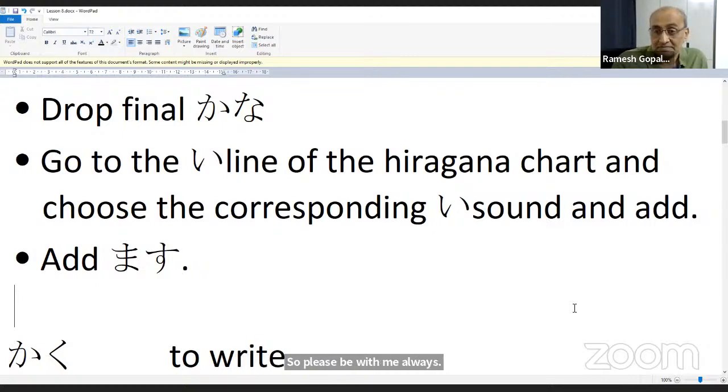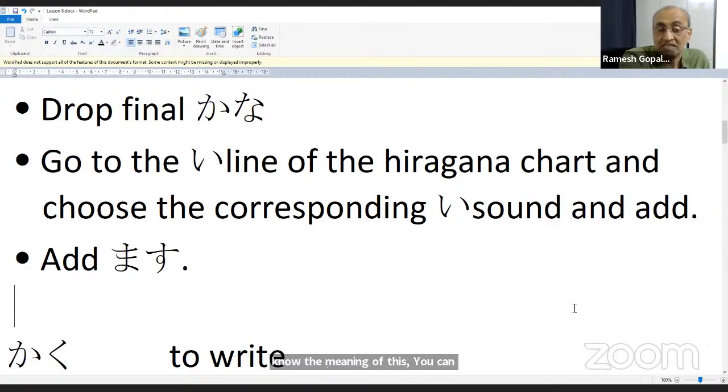Which is why I tell you to turn on your cameras and leave them on. Kaku. So I know you're there. Kaku, what is the meaning? Every verb has a meaning, right? Kaku is to write. This is in dictionary form. If you have to know the meaning of this verb, you can refer to a dictionary.